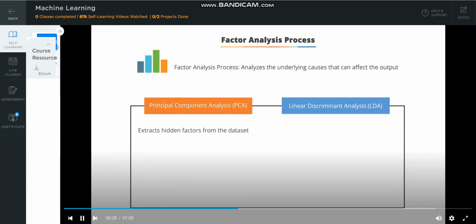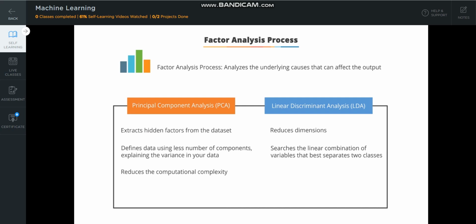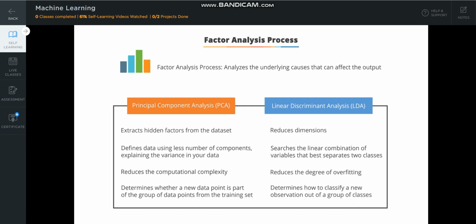PCA extracts hidden factors from the dataset and defines your data using less number of components, explaining the variance in your data, while LDA reduces dimensions by searching for a linear combination of variables that best separates two classes. PCA reduces computational complexity, while LDA reduces the degree of overfitting. PCA determines whether a new data point is part of the group of data points from your training set, while LDA determines how to classify a new observation out of a group of classes.